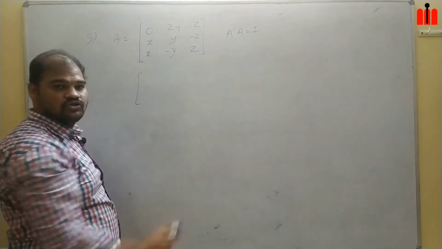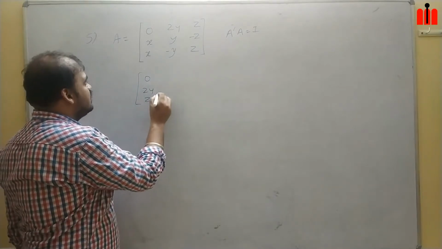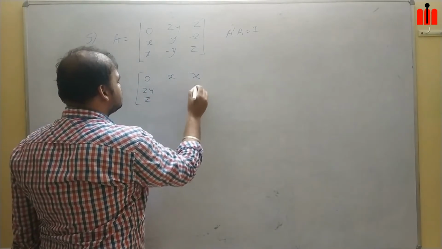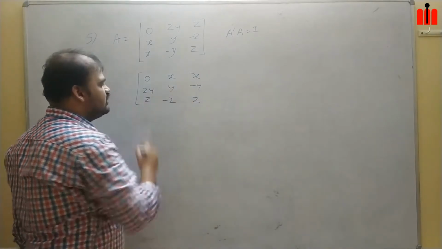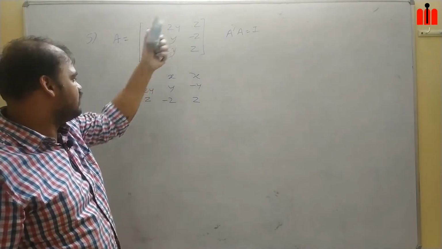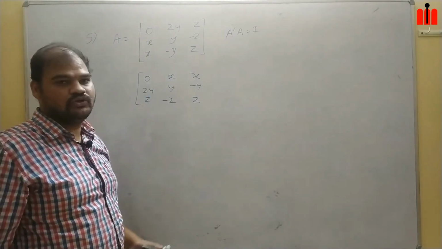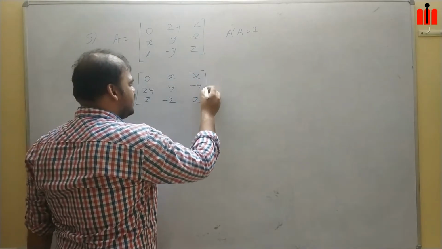This is my A. So what will be my A transpose? My A transpose will be [0, x, x; 2y, y, -y; z, -z, z]. Earlier rows will become columns and columns will become rows. So this is my A transpose.